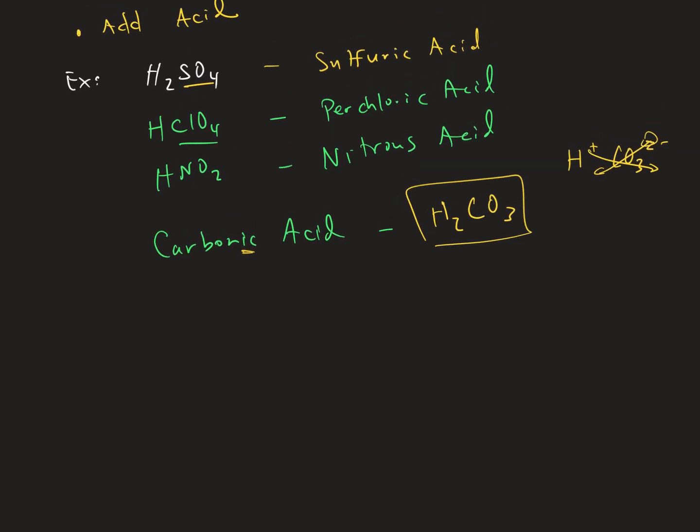But there's already a 3 there, so you leave the 3 there. You don't ever change the subscripts. So we just bring that 1 down here. And remember, if this was a 2, we would have to put parentheses, right? But since there's only 1, we don't need the parentheses, so we just don't write it.